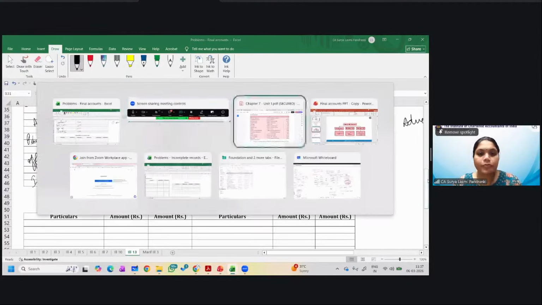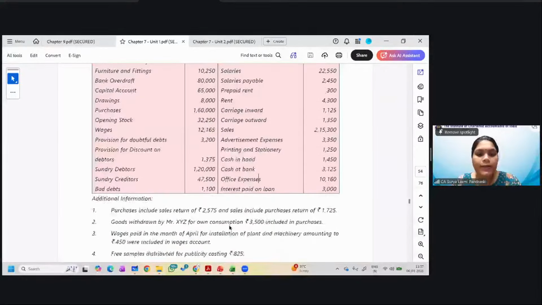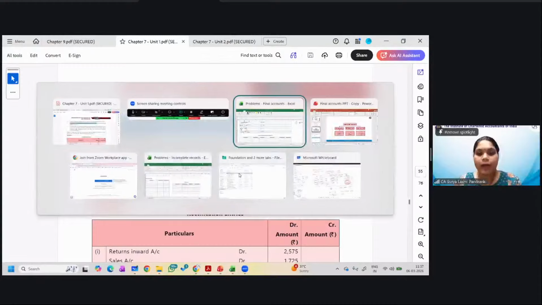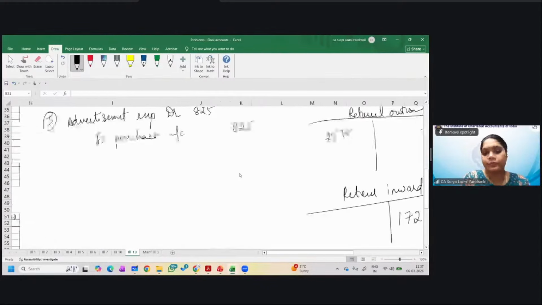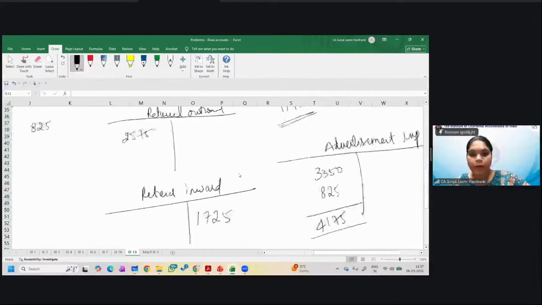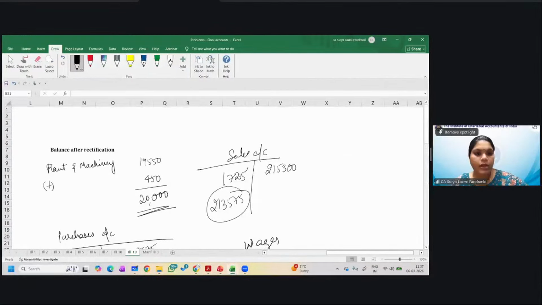Depreciation. How much is the depreciation we have? What are the rates that are given? They told plant and machinery it is 15% and furniture and fixtures it is 10%. So what is the value of plant and machinery? I am picking it from the adjustments that we have done, which is 20,000.